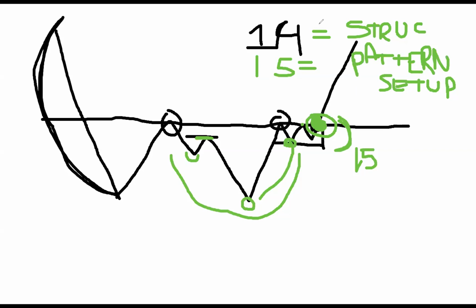Then, since this is all on the 1 hour, by the way, once we're identifying all of this and price is at this structure point right here, we're going to the 15-minute chart to read the same type of candle pattern formations. Specifically, we want to see a break of structure with the break going in favor of a buy in this example.